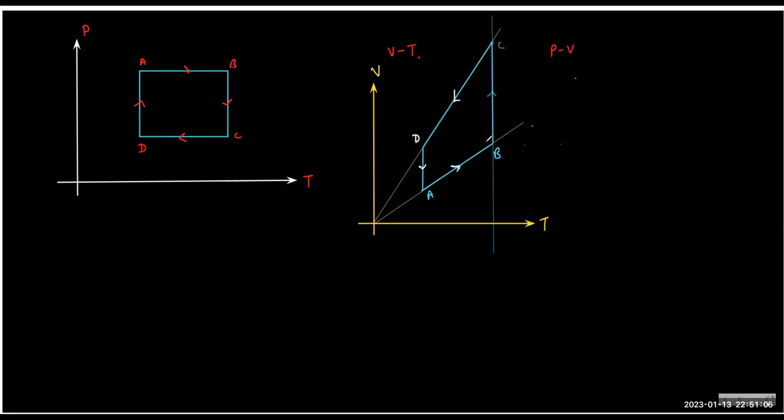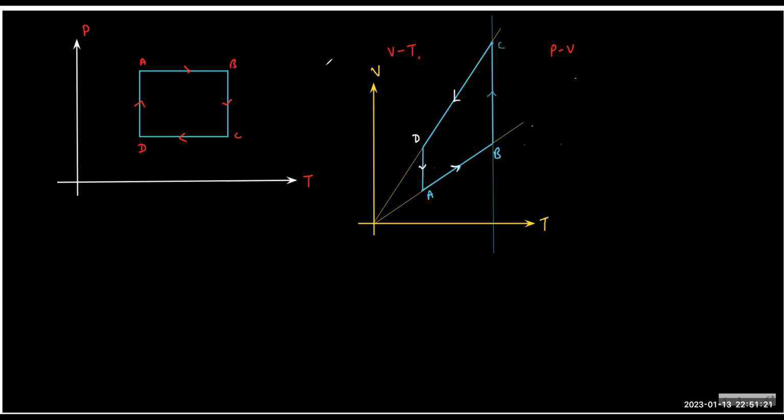So A to B, B to C, C to D, and D back to A, and you can see this diagram. Okay. So you all are getting the same answer? Yes, sir.